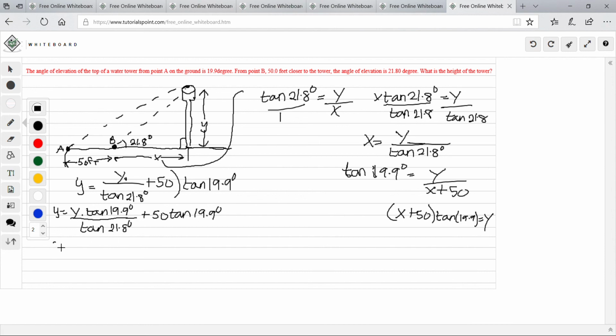So you're left with y minus y tangent of 19.9 degrees over tangent 21.8 degrees equals 50 tangent of 19.9 degrees.